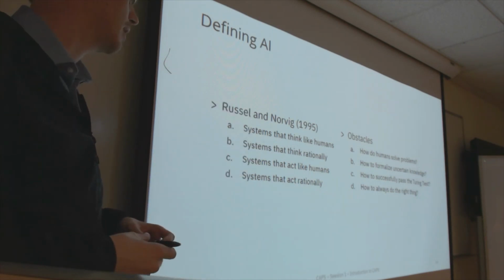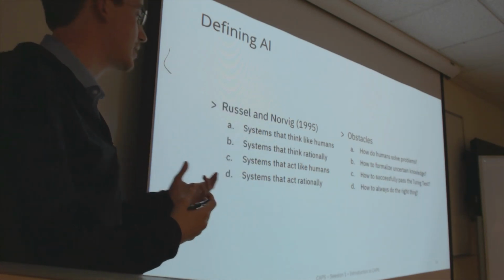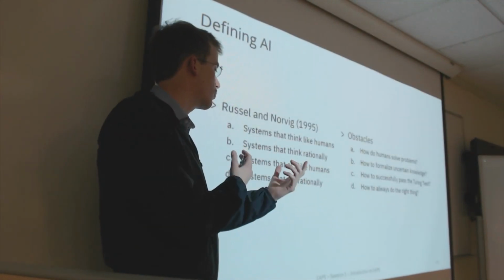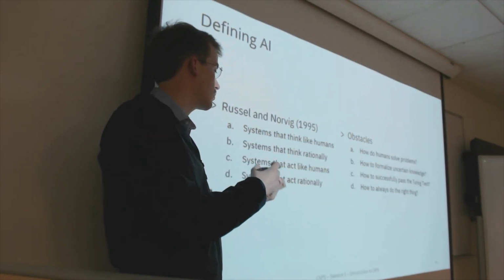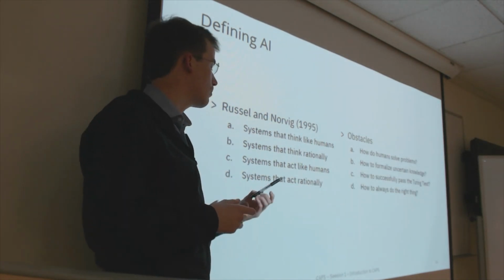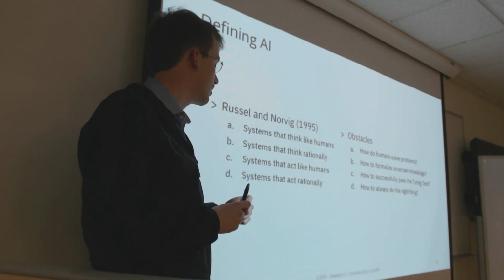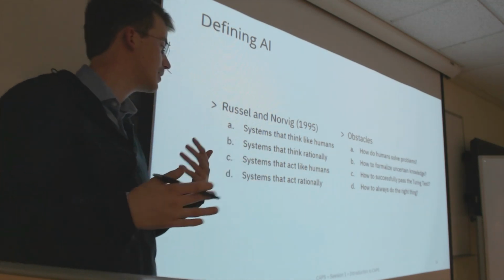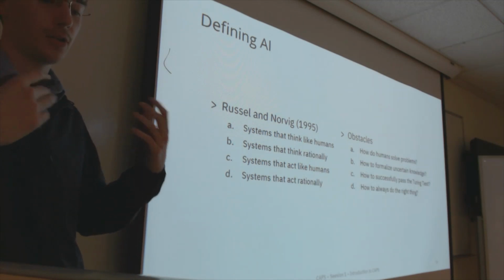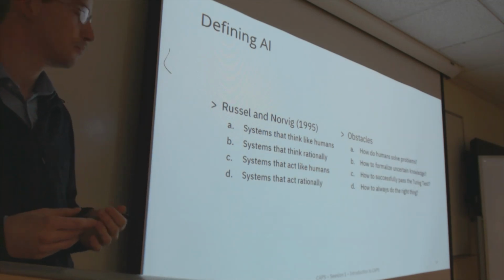So they decide on systems that act rationally. That's also what we're going to do when we have these agents: our agents essentially act rationally. So in StarCraft 2, as an example, they would just go in there and maximize their utility.